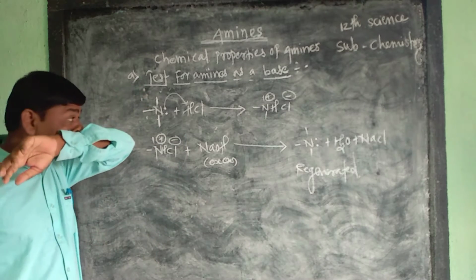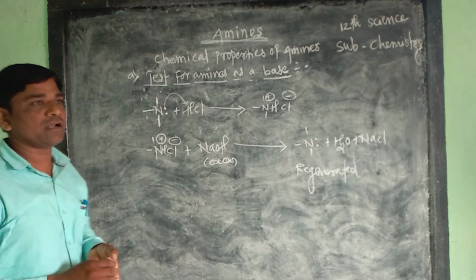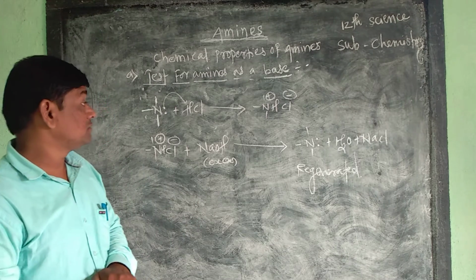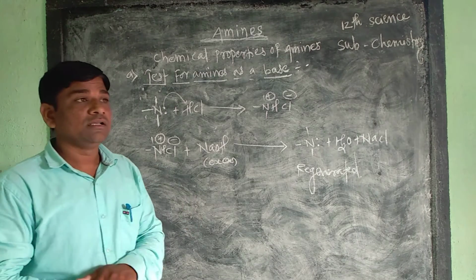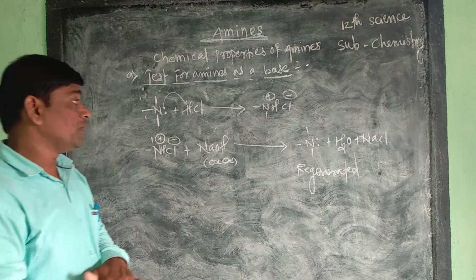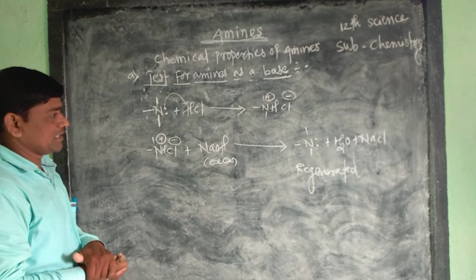Another test: when primary or secondary amines are dissolved in an aqueous solution, in water, they turn red litmus paper into blue. That shows that amines are basic in nature. Correct?